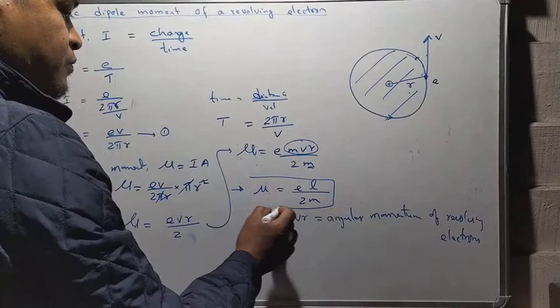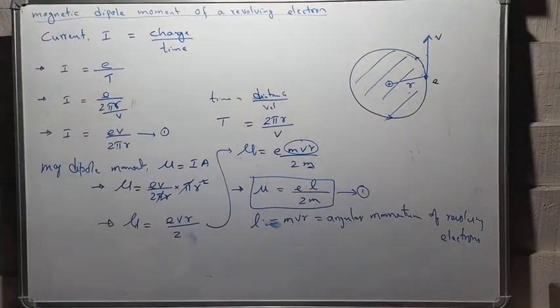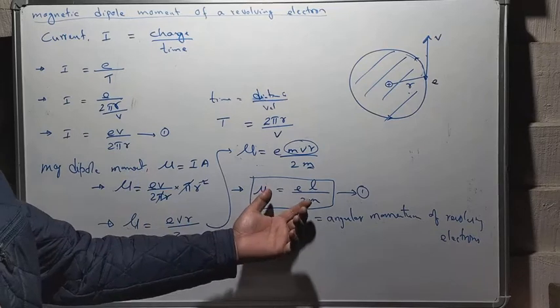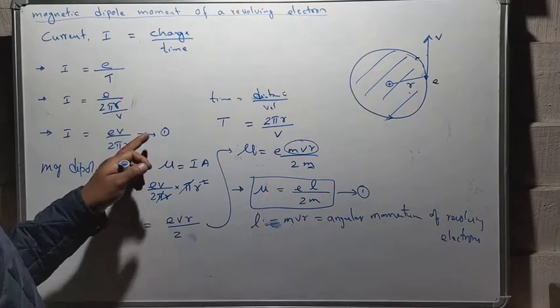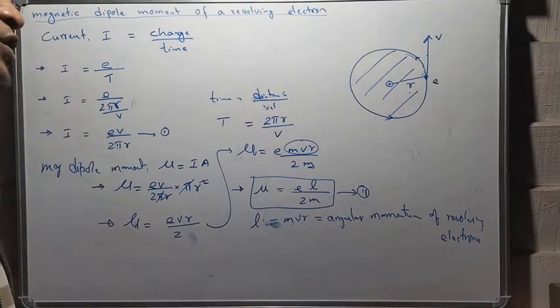Please note down this equation. It's very important from your exam point of view, because exams usually ask you to obtain the magnetic dipole moment of a revolving electron. So you have to get up to this equation, equation 2.